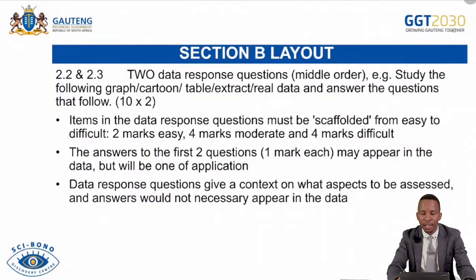And then section B layout continues. 2.2 and 2.3 are the data response questions. This is when you will be given either the extract, the cartoon, the table for numbers, the graph, etc., where you need to interpret the given information first before you attempt to look at questions. Most of you make a mistake here.